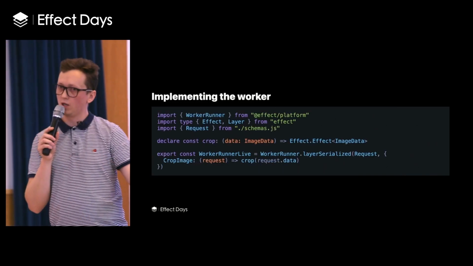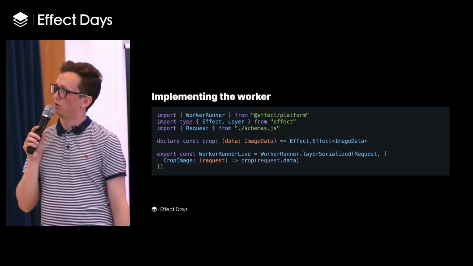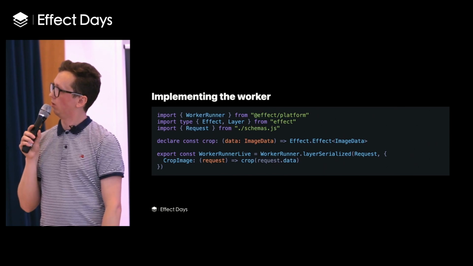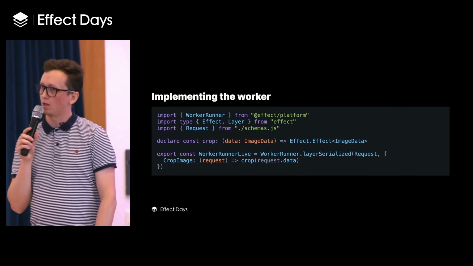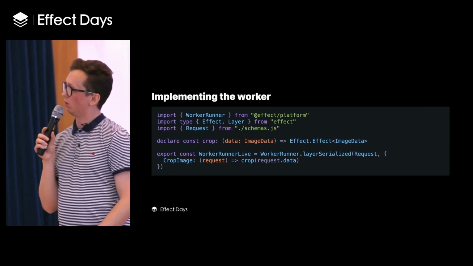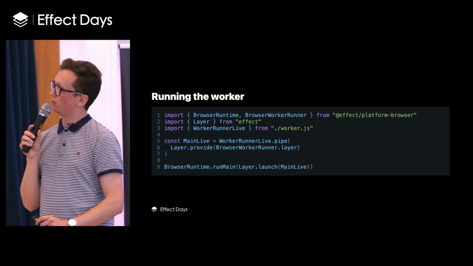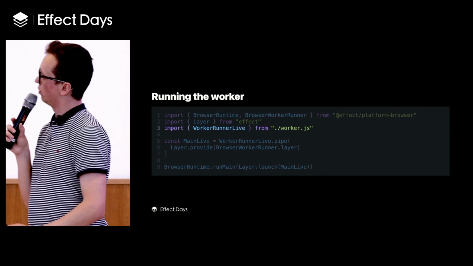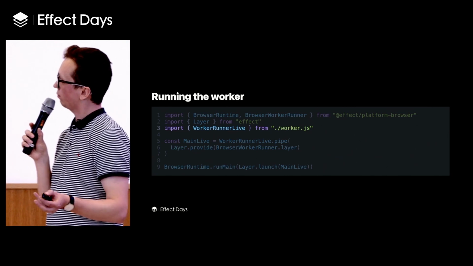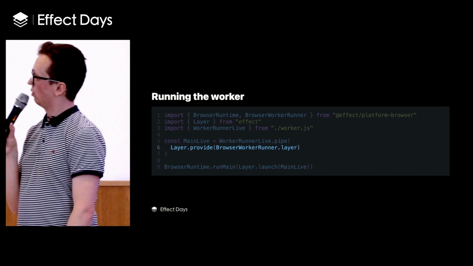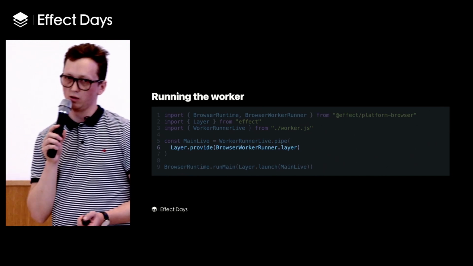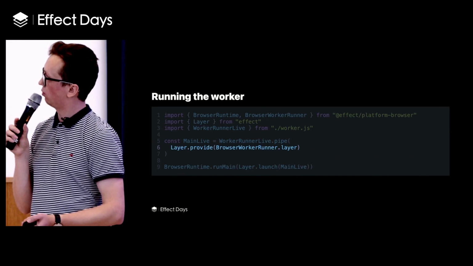And if you strip away all the types I just added there so you can see what was going on, it's actually quite concise, easy to read, and gets the job done with quite a few lines of code. So if we run the worker now, first we import that layer we just created. And then this is the key part. We're providing the browser implementation of workers to our worker.